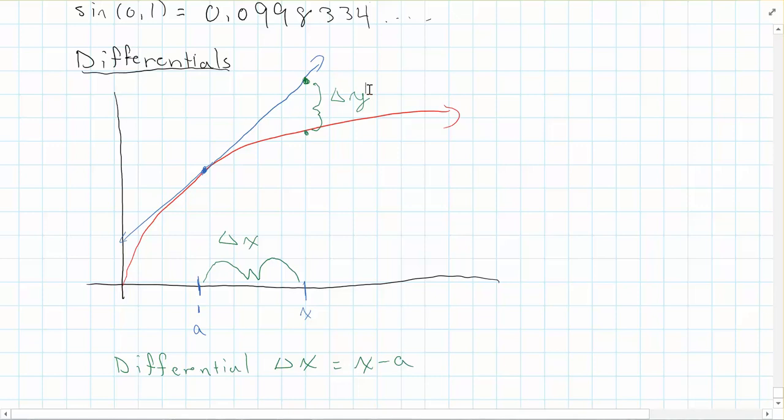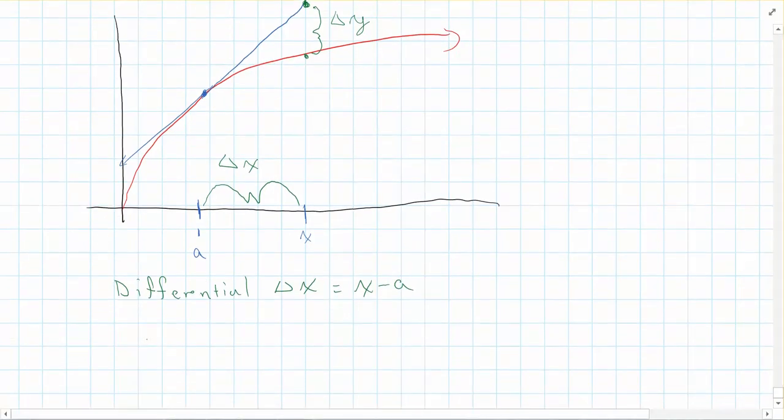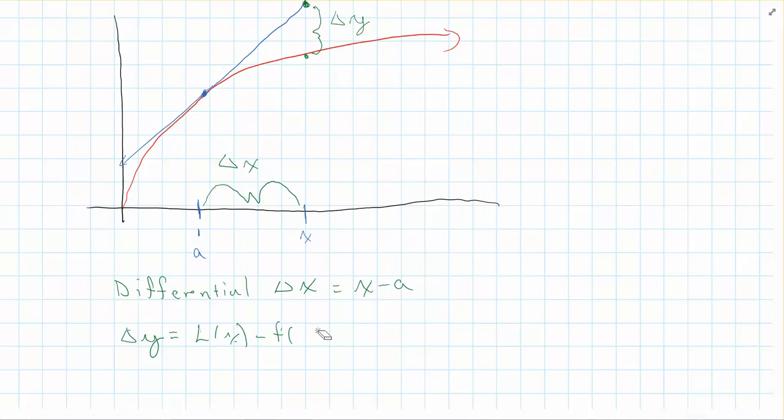And of course that differential, delta y, is equal to my linear approximation minus my f of x.